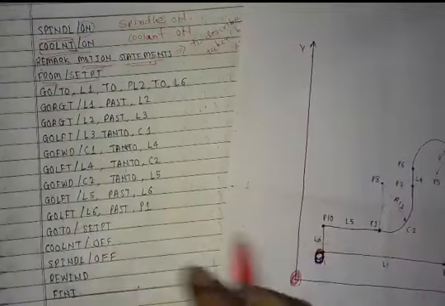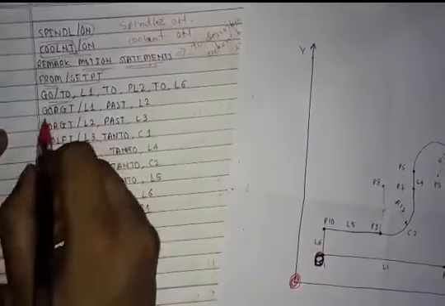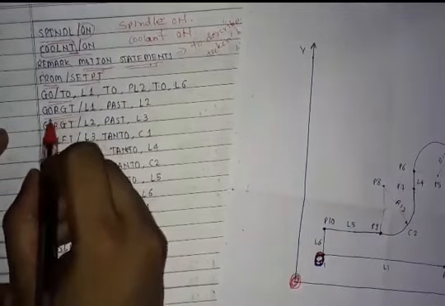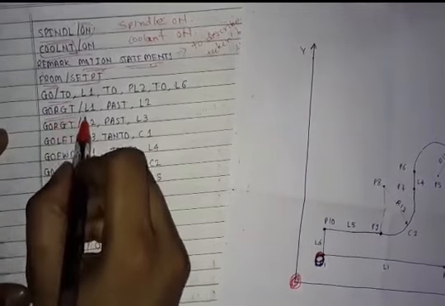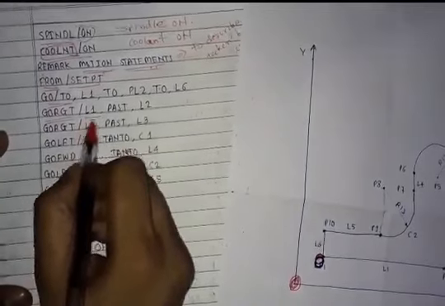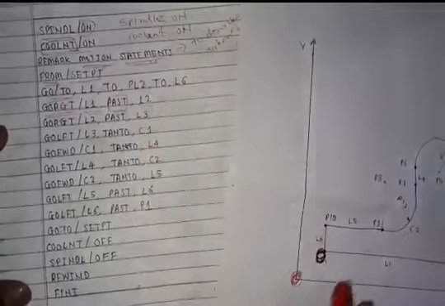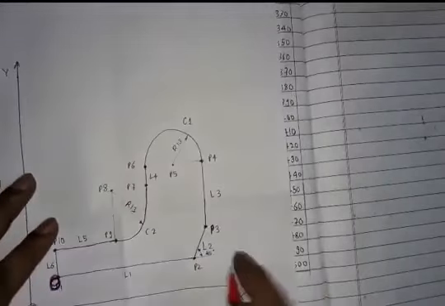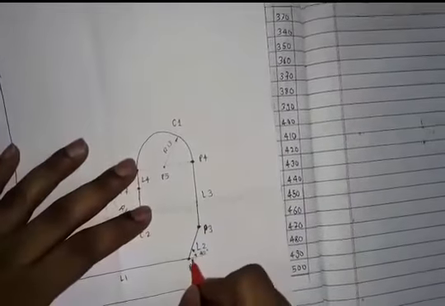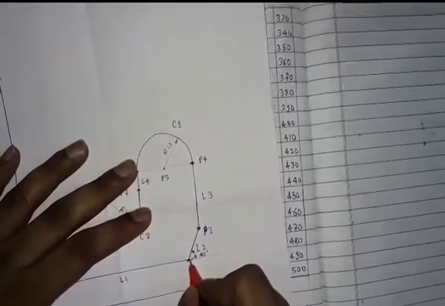Now next is GORGT, that is go towards right, slash L1 past L2. The cutter will be here.